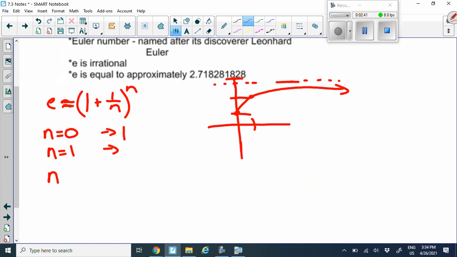So then if we plug in n equals 2, right? Then we get 1 plus 1/2, so that's 1.5 squared. That gives us 2.25, and we can go on forever. So let's say 100. What happens there when we plug 100 into n?